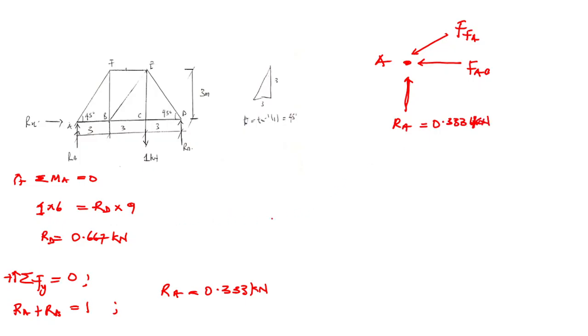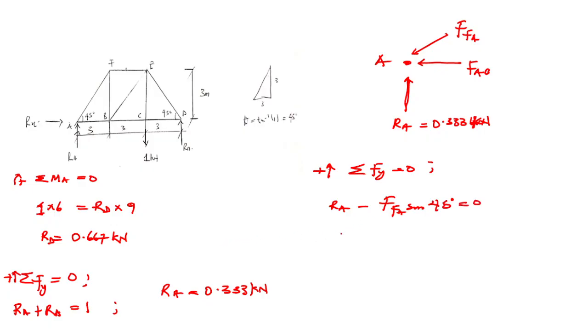That means if we say summation of forces in the vertical direction equals 0, and this is our positive direction, then we have RA minus FAF sine 45. We found sine 45 degrees equals 0.707.